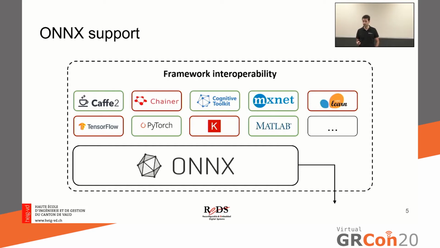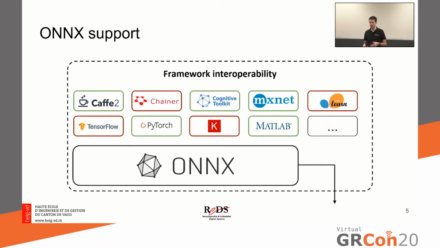So basically, ONNX provides an abstraction layer between our block and the different deep learning frameworks that are out there nowadays. So you can choose any framework, or at least one of the frameworks supported by ONNX, and then you can design and train your model in MATLAB, for example, and then move your model into ONNX, so it can be used in our block, and it can also be used by other inference engines that support ONNX.